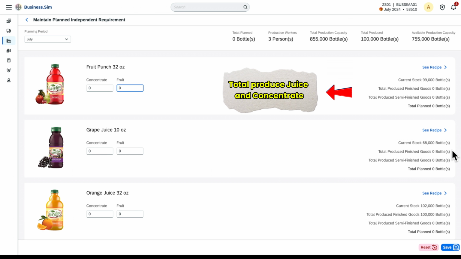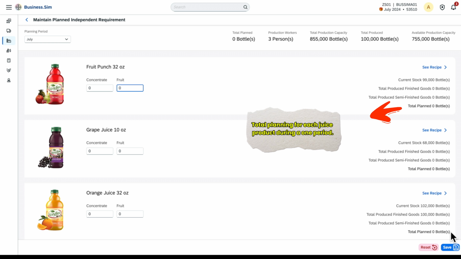Below, there is information about how much total juice production you have done during one period. And below that is information about how much total semi-finished goods you have done during one period. And the last is information about the total juice you want to plan during that period.